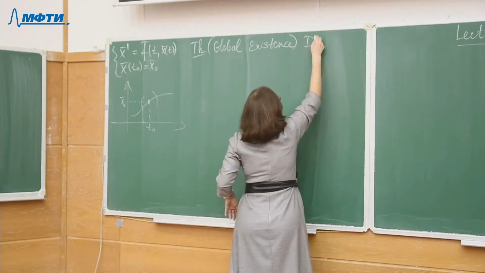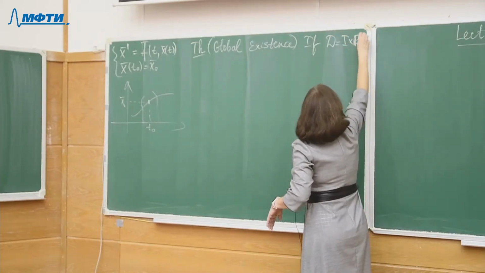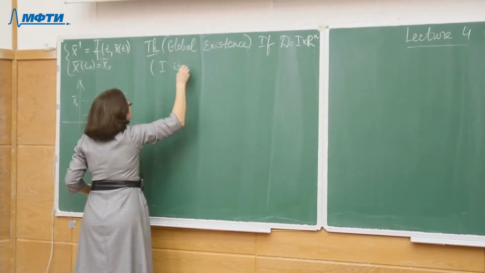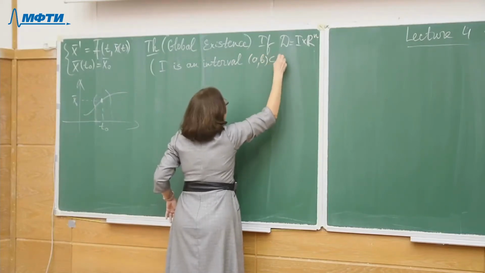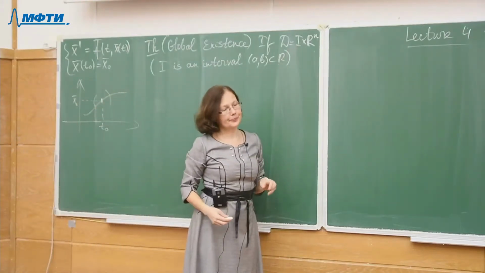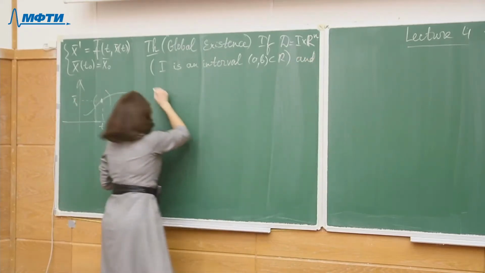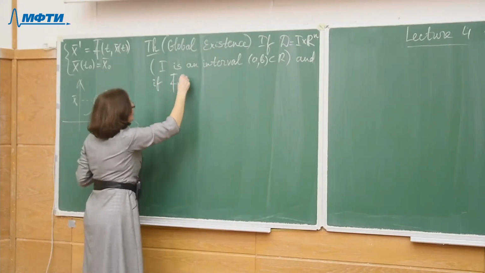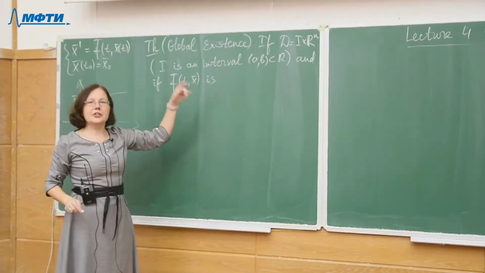So if D is a direct product of some interval I, so I is an interval (a, b) in R, times R^n, if D is this domain, and if the vector function f(t, x) is defined in D, and it is continuous and locally Lipschitz in D.